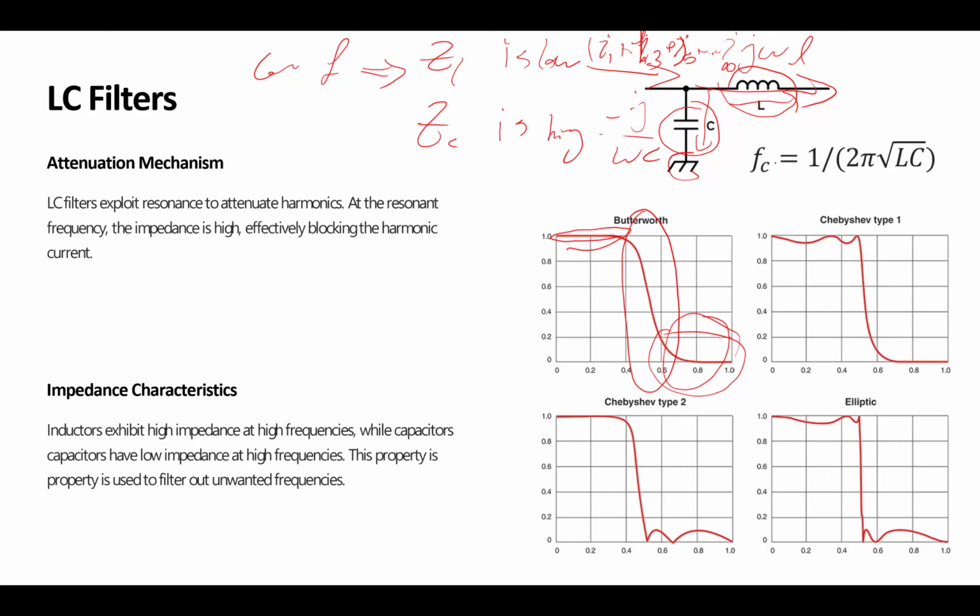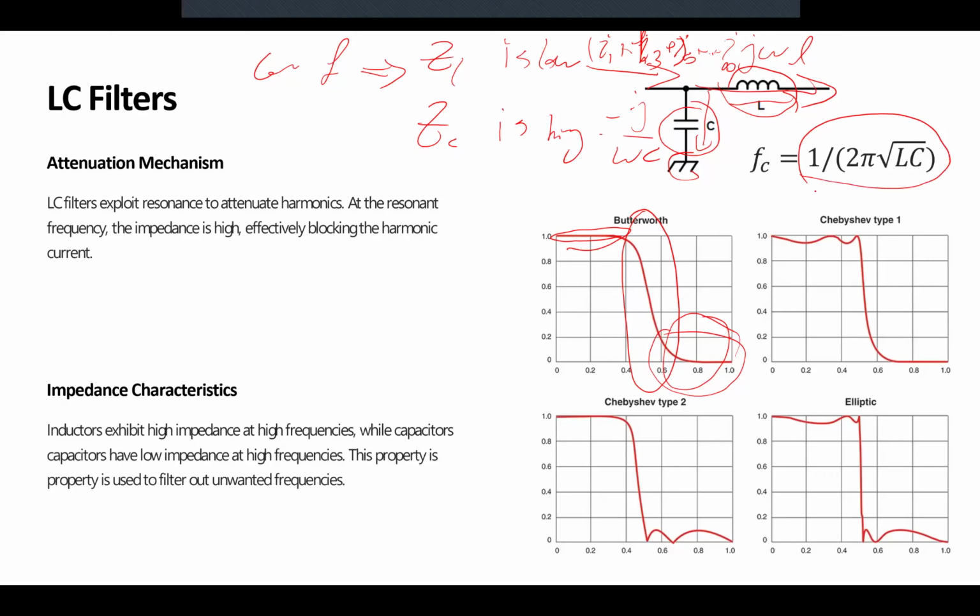You can calculate it based on the values of L and C. It's 1 over 2 pi square root of LC. So for example, if you wanted to design a filter for 60 hertz, you want to make sure that the 60 hertz is in the pass area, so we don't damp it.